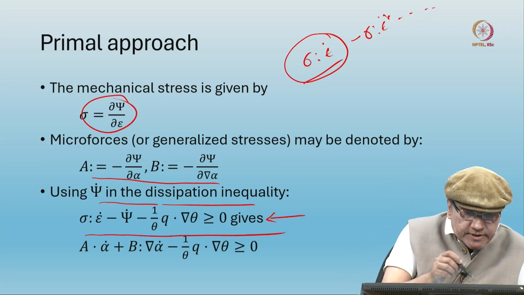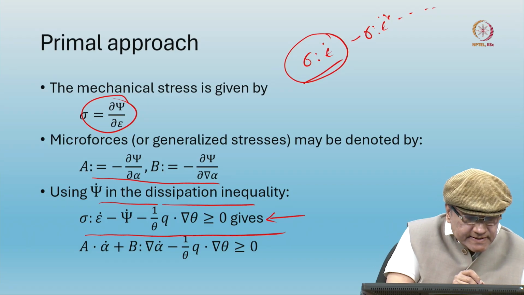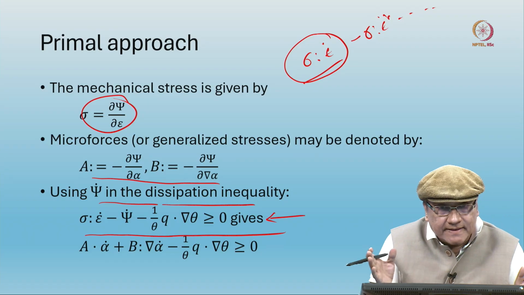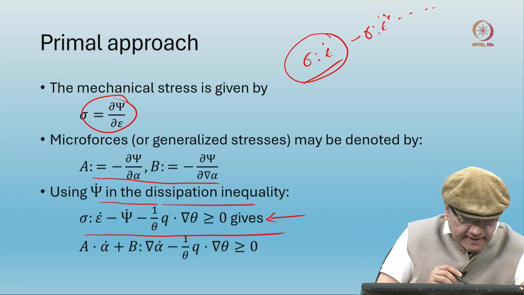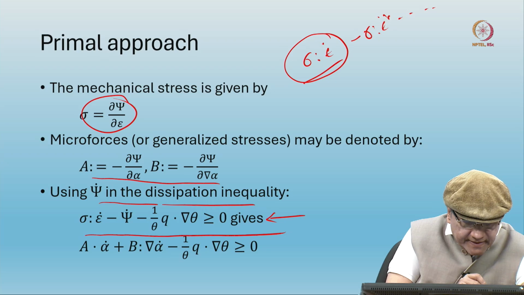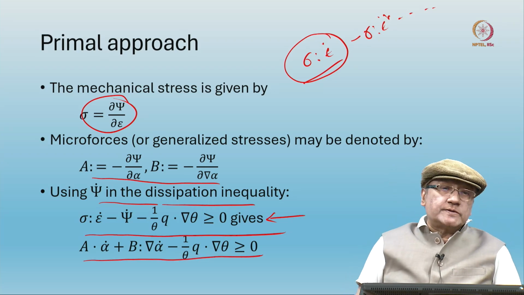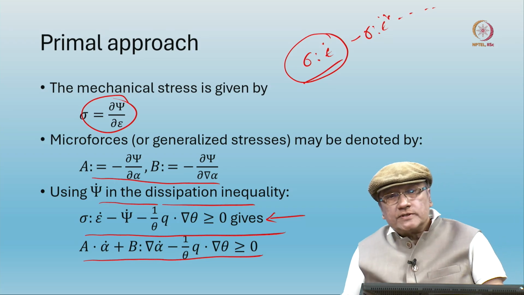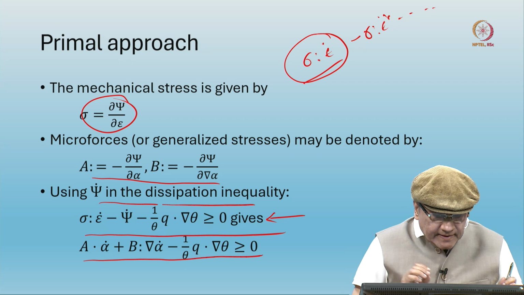In that you put this expression for psi dot. So basically you see that sigma epsilon dot will cancel from psi dot, that means the external agency will go off, and then you will be getting simply this. This is my expression for the reduced dissipation inequality after cancelling out all the things.